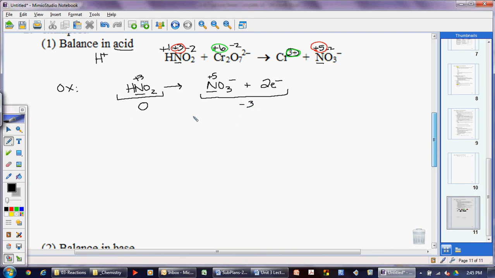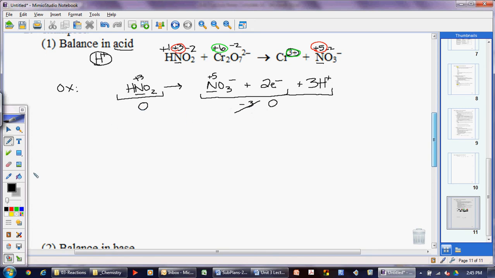In order for these sides of the reaction to balance, we have to make sure that the charges are balanced. If I go from a 0 to a negative 3, that's not balanced. If we're balancing in acid, we're going to add H+ to get that balanced. So I need to add 3 more H+ to the right-hand side so that the total, with the addition of those plus 3, is now 0, the same charge.